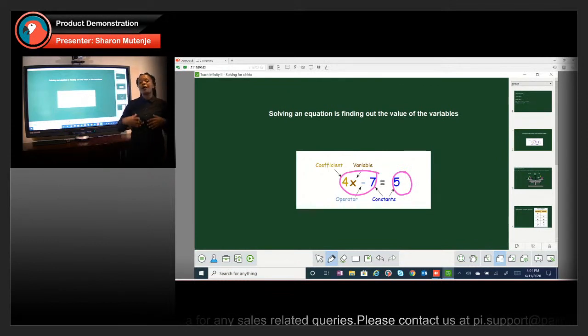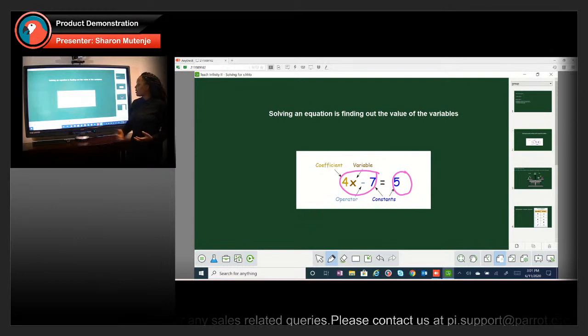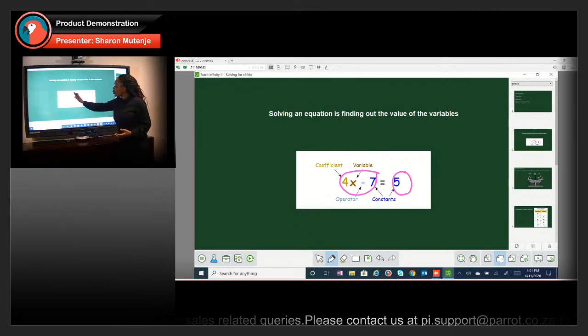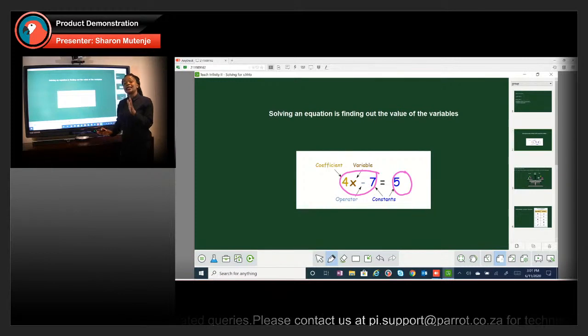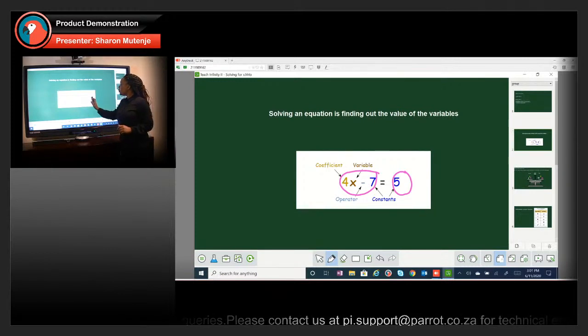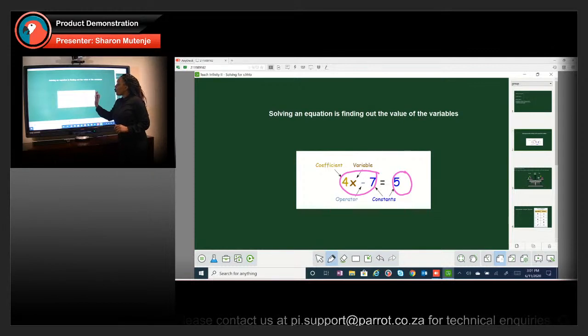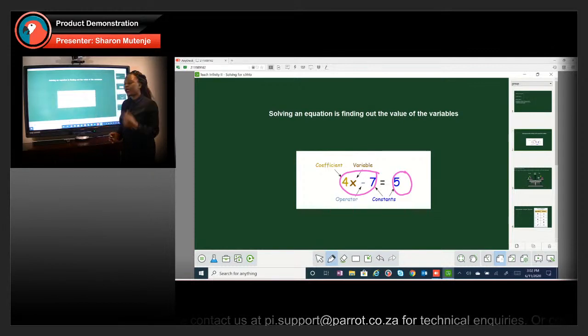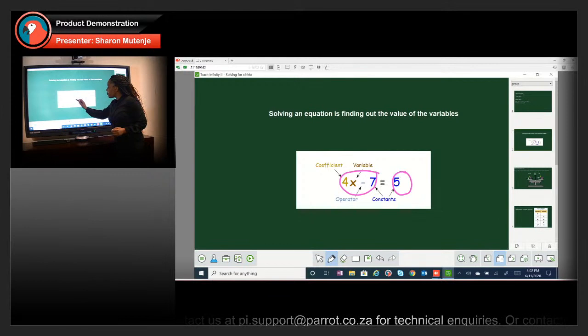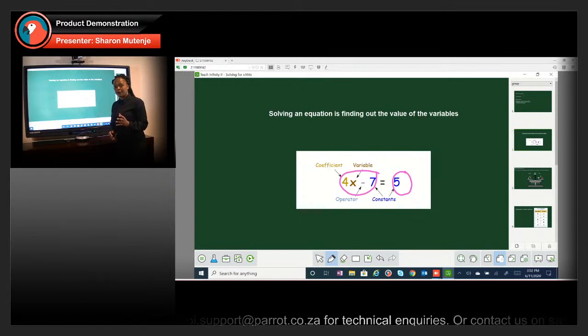So when we talk about an equation, we are saying this expression on the left-hand side, 4x minus 7, is equal to the value 5. But for this equation, we now need to identify the variable which makes this expression equal to 5.